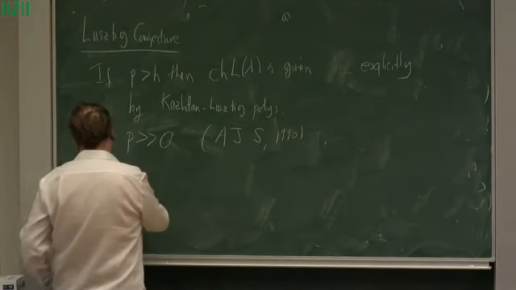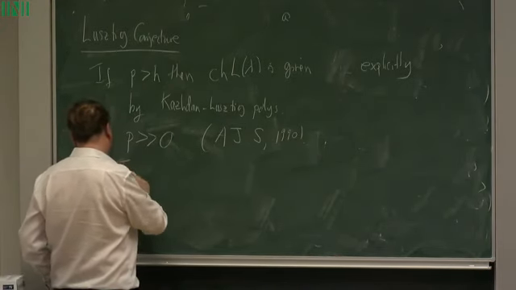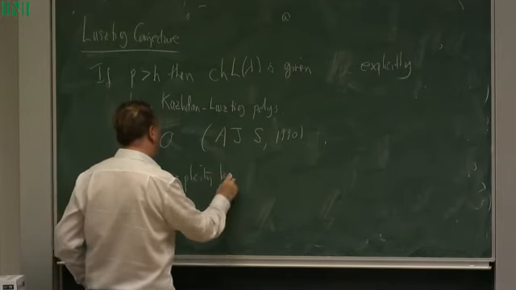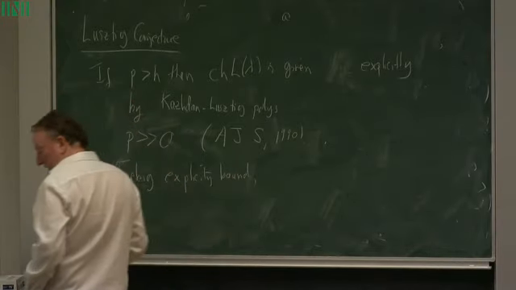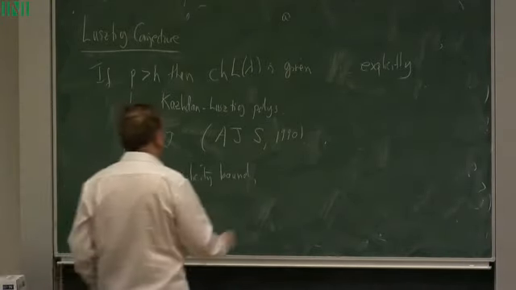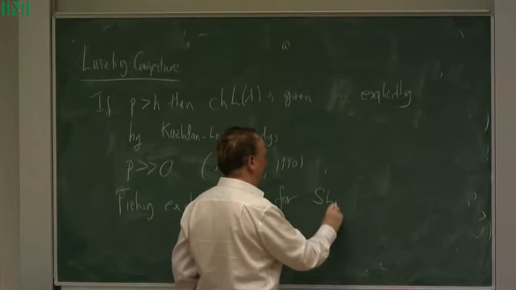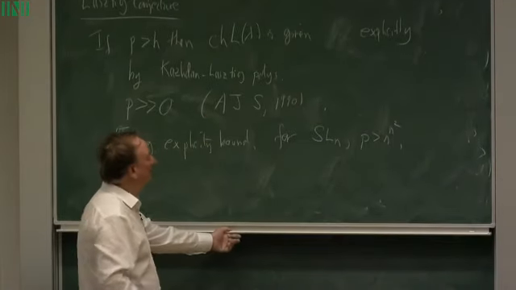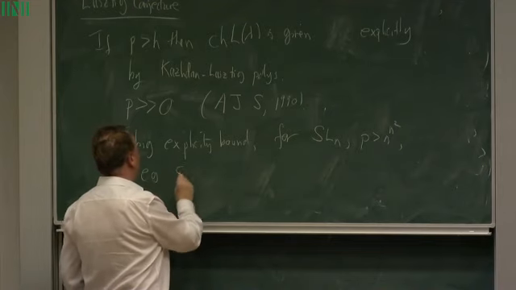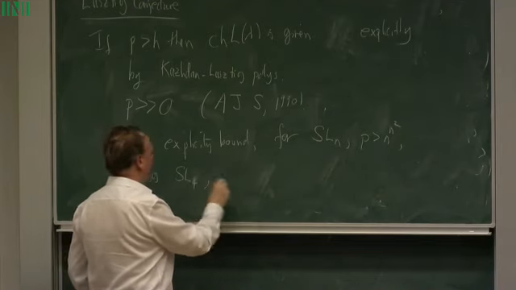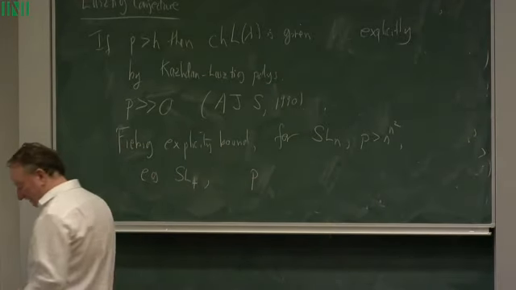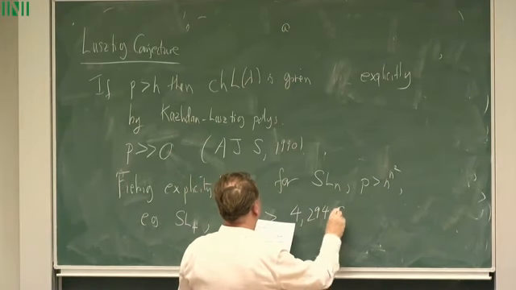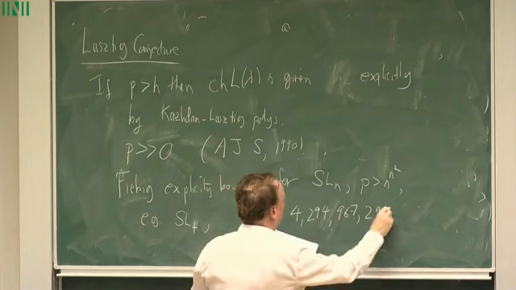Later, with an explicit bound by Fiebig, which for SL_n is p bigger than n to the n squared, which means that if you're looking at the group SL4, we only know that this kicks in if p is bigger than 4,294,967,296.